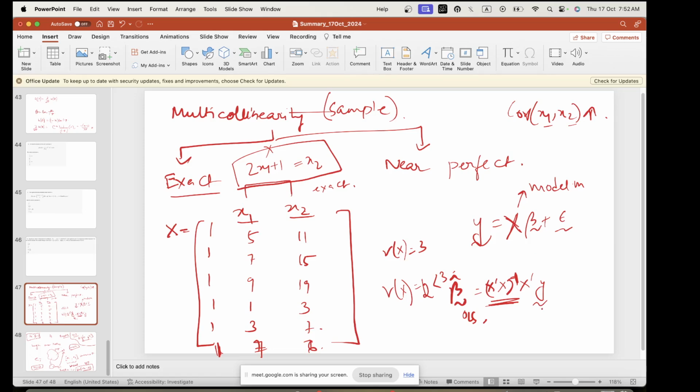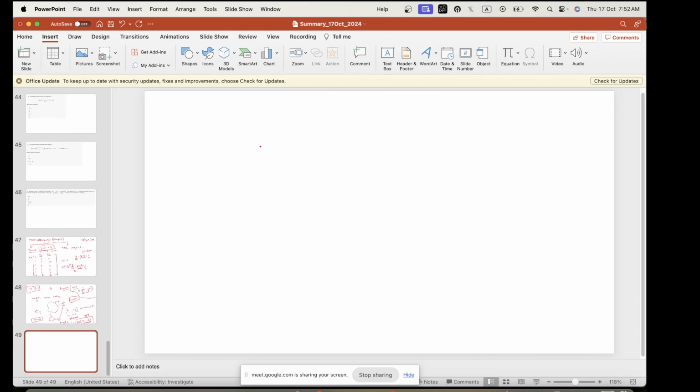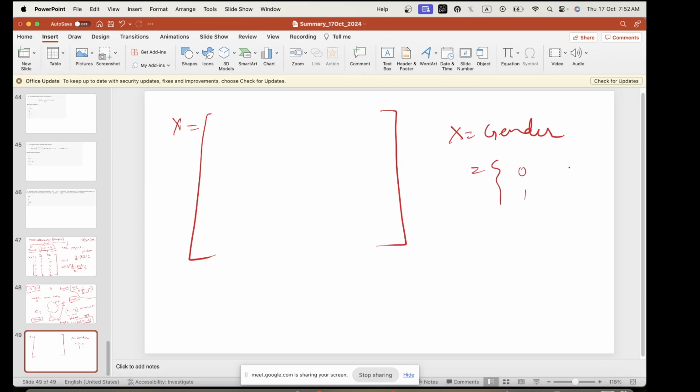This is exactly the reason why we use fewer dummy variables when using categorical variables. For example, let's say I have a variable x which is actually gender. So it could be 1 or 0. Let's say male and female, something like this.